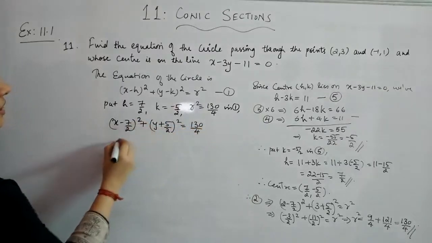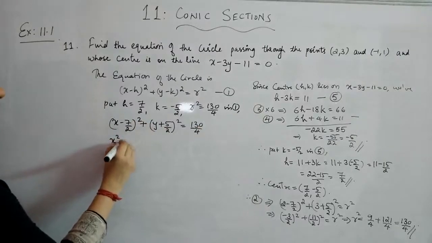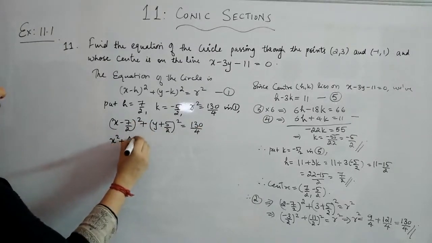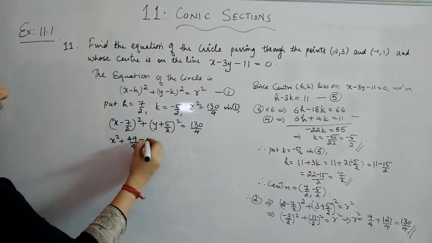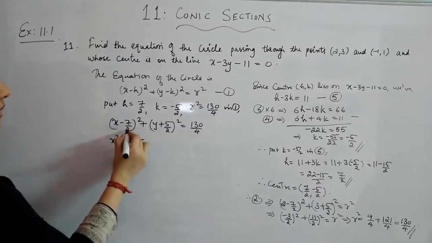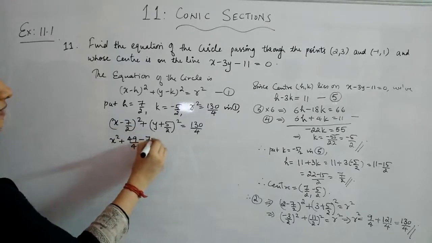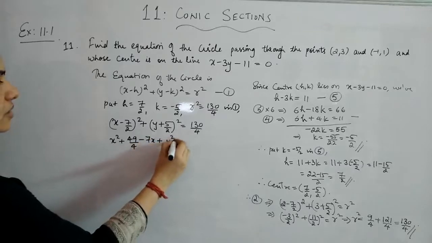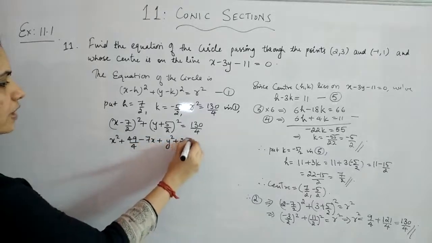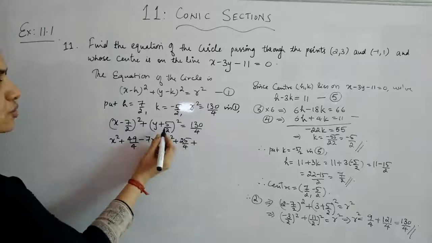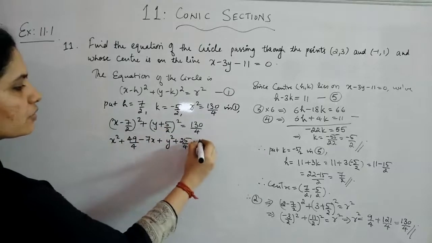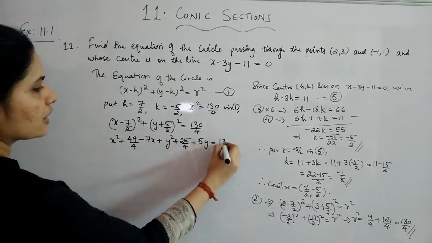Okay, so here you will get x square plus 49 by 4 minus 2 into 7 by 2 into x. So you will get minus 7x plus y square plus 25 by 4 plus 2 into 5 by 2 into y will give you 5y is equal to 130 by 4.